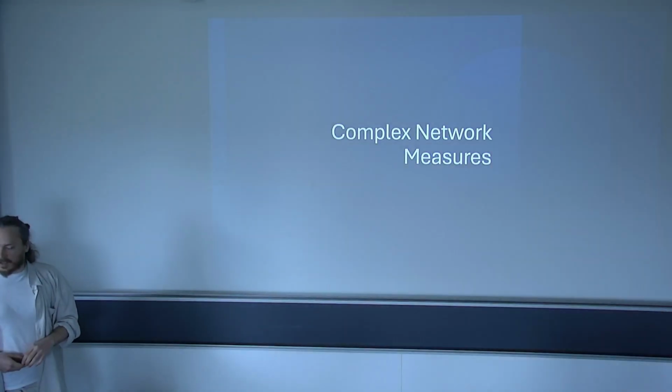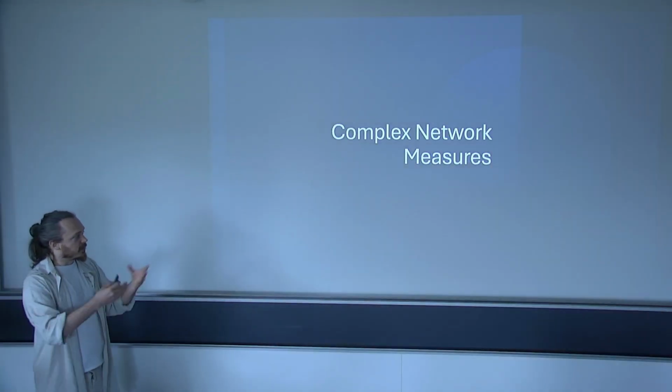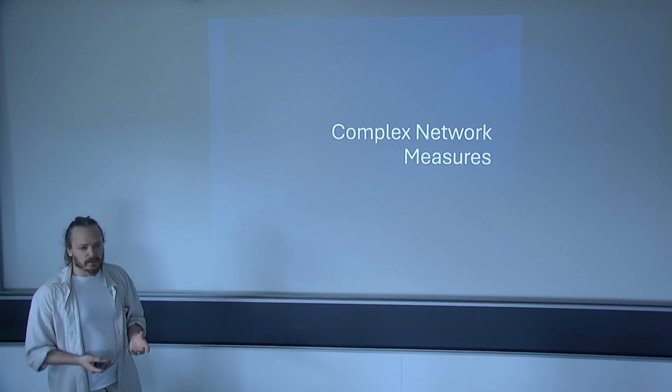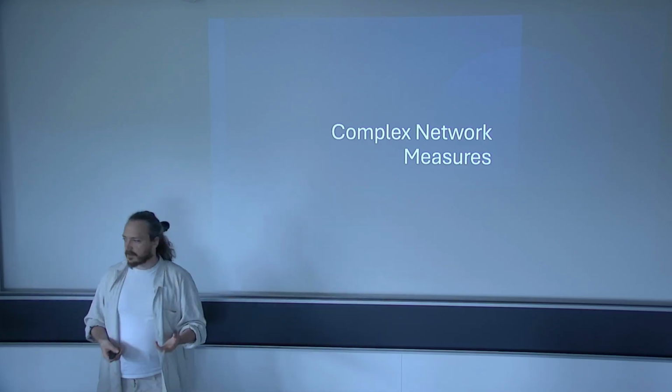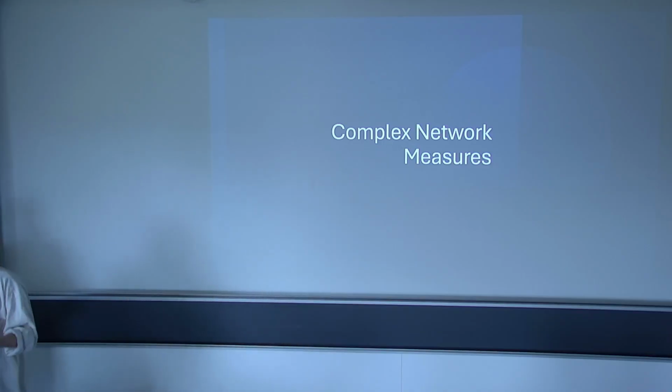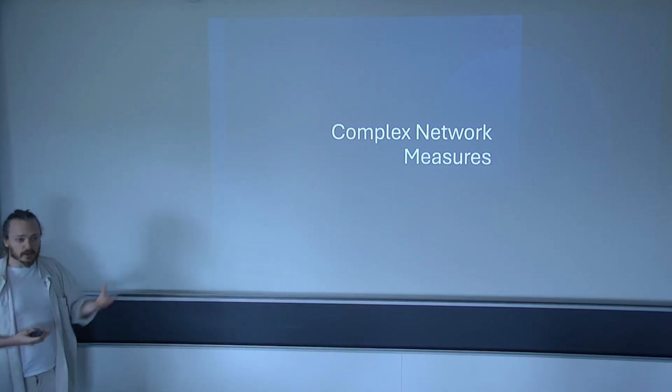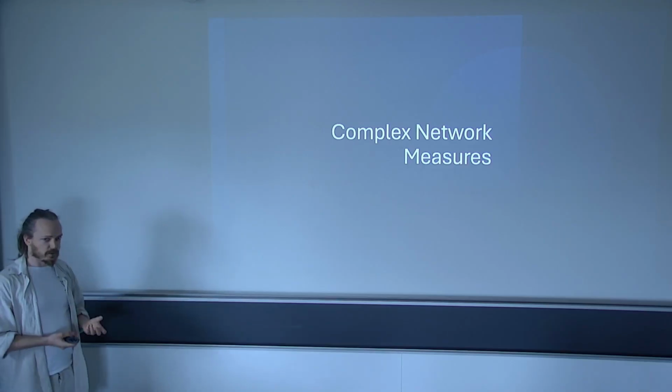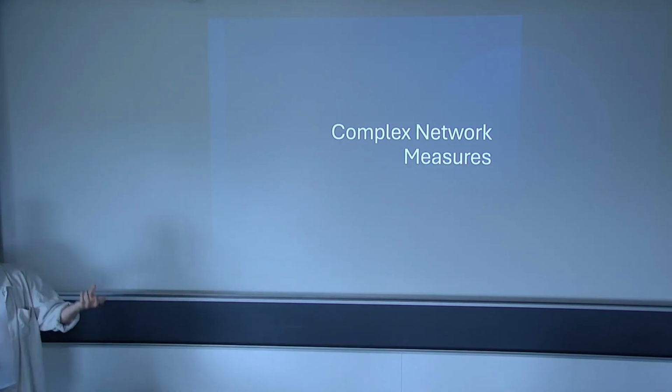Another thing that we look at is complex network measures, coming from graph theory and network neuroscience, because it is a network, right? And it's in the brain. As I mentioned, it's very structured and has a lot of interesting features. We also look at what characterizes the complex networks that you find in the brain from this perspective.